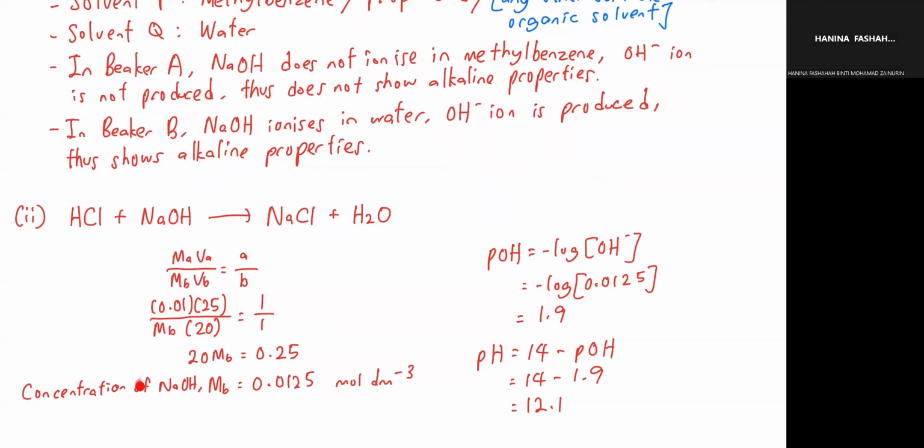It means you must have the concentration of the alkali first, then only can you do the pH value. If you don't have this, you cannot find it, because you have to use this.